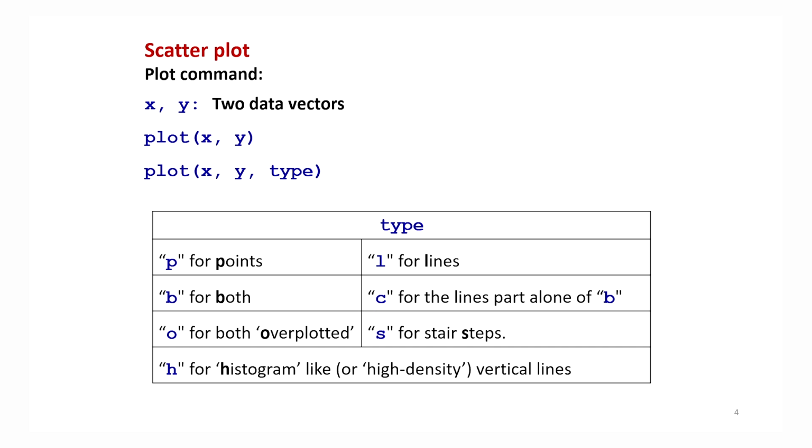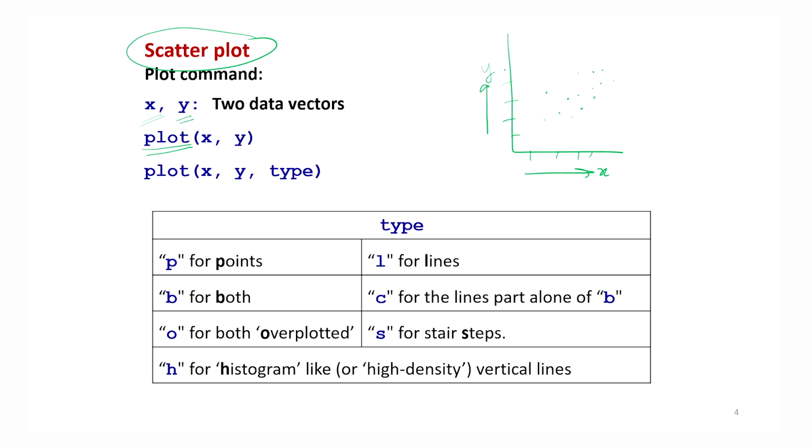One command to create the scatter plot is plot, P-L-O-T. What is a scatter plot? If you have data in two dimensions, you can make this type of plot. This is called a scatter plot. Suppose the data is contained in two data vectors, x and y, where x is plotted on the x-axis and y on the y-axis.